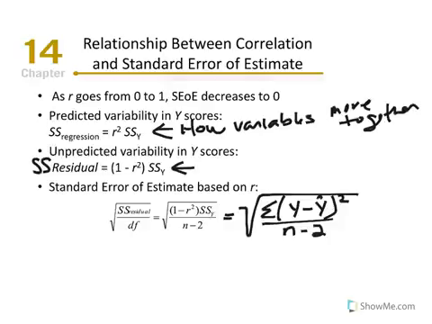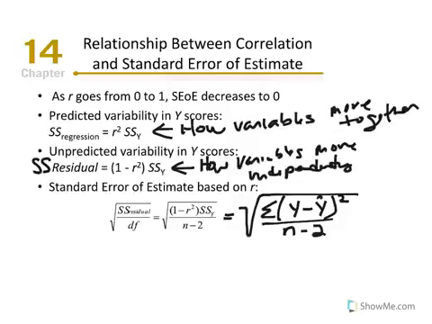So we can understand this as how variables move independently. So aside from the relationship, we do see variation in our y-scores due to chance and random factors.